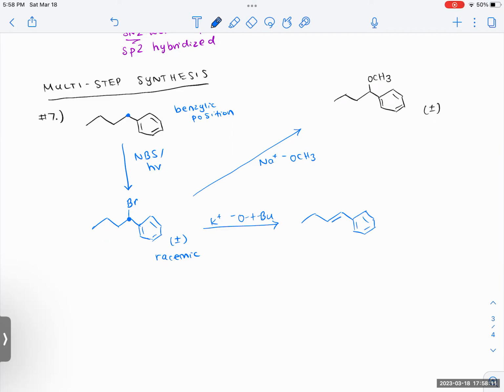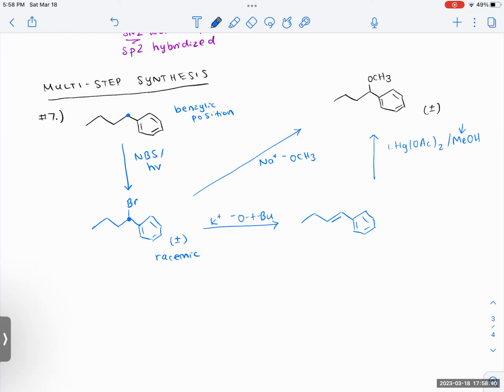So now you have a double bond there. And you can use Hg to MeOH, right?